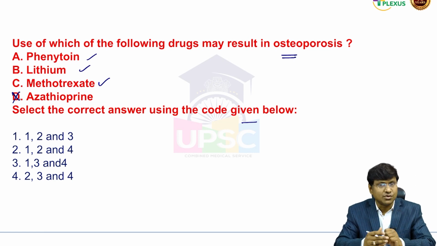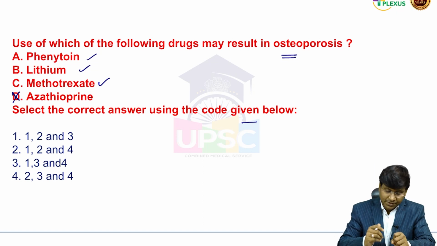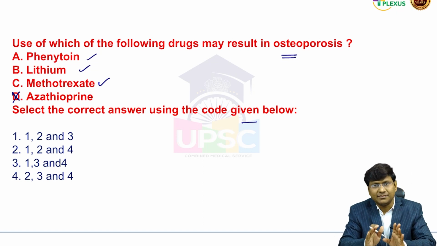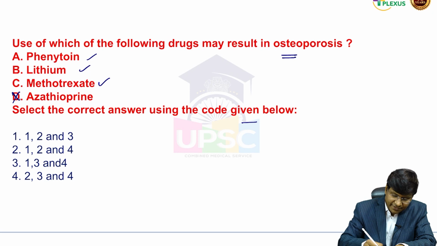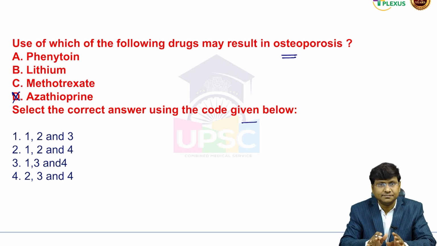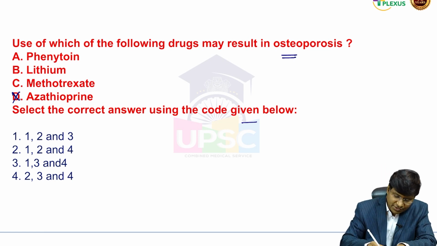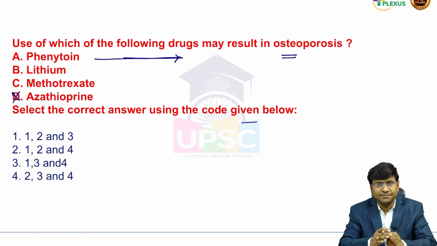Phenytoin, how it will cause osteoporosis, I'll try to explain to you. You take phenytoin, it is an anticonvulsant drug, and what this phenytoin will do is it will decrease the bone mineral density and it will increase the risk of osteoporosis. Now the question comes, how it will decrease the bone mineral density? How it will increase the risk of osteoporosis?